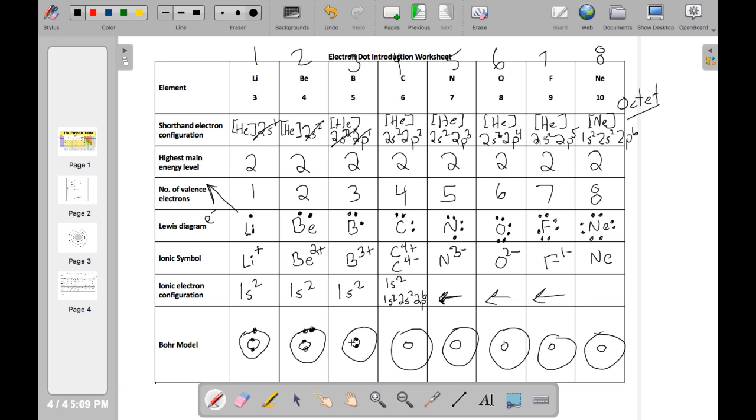1, 2, that's the first energy level. Now the second energy level, there's 3: 2 in the S subshell and 1 in the P subshell. So here's 3. 1, 2, and then this will have 4. Yet again, normally people are like 1, 2, 3, 4. Okay, this will have 2.